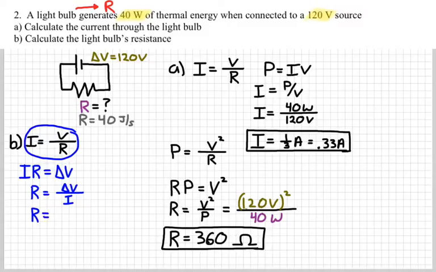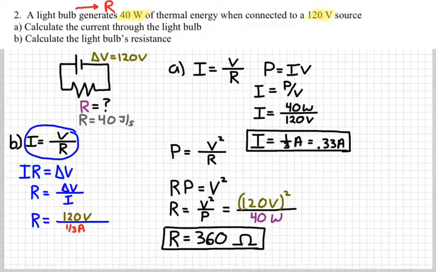And so we had a delta V of 120 volts. So 120 volts. And then we calculated our current a second ago to be 1/3 ampere. So that would look like that.